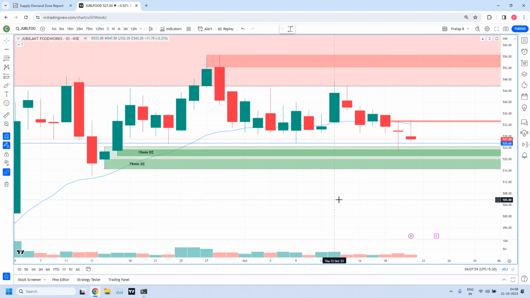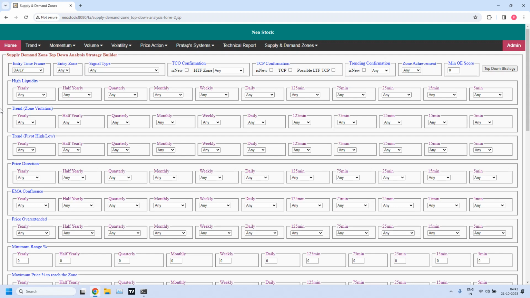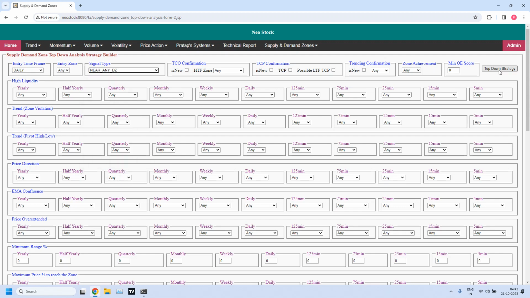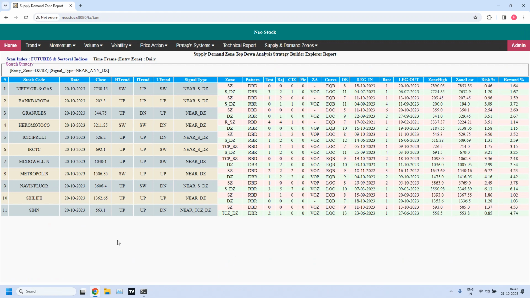So now let's move on to generating demand and supply zones for the daily time frame and then the weekly time frame. For entry time frame daily, let us find the stocks which are near the daily demand zone. So this is the filtered list. Please look into the high liquidity zones and try to avoid pierced zones if any.